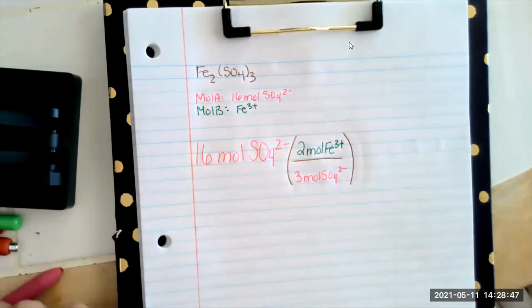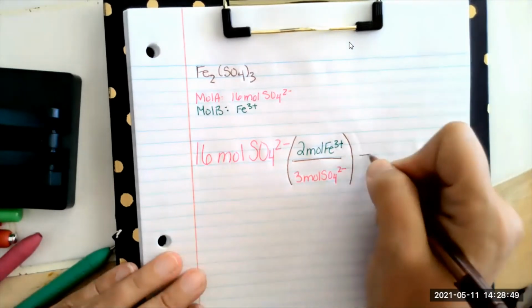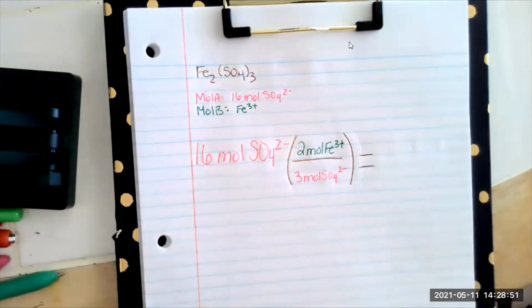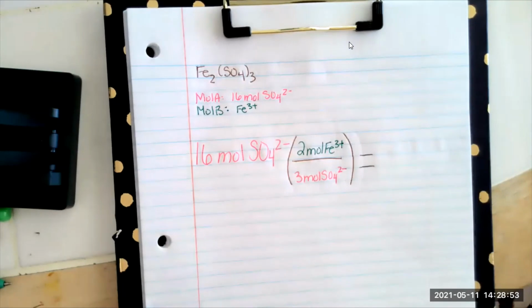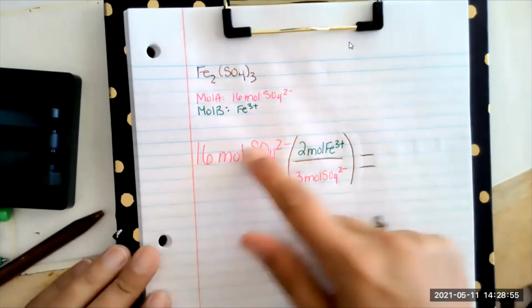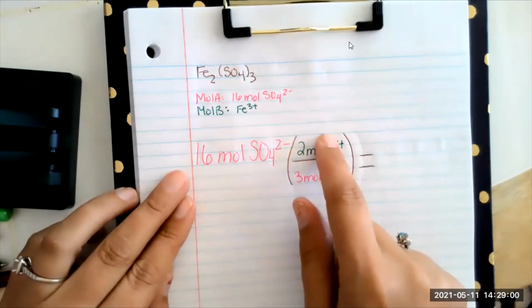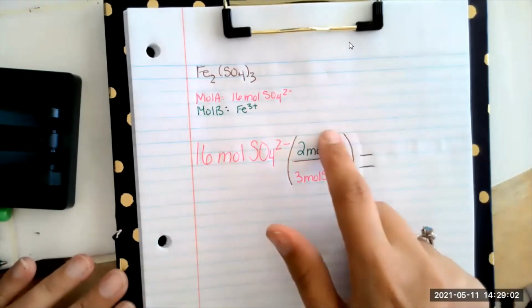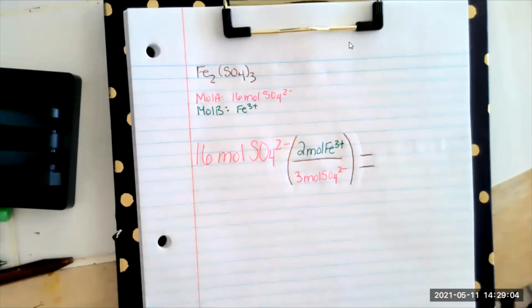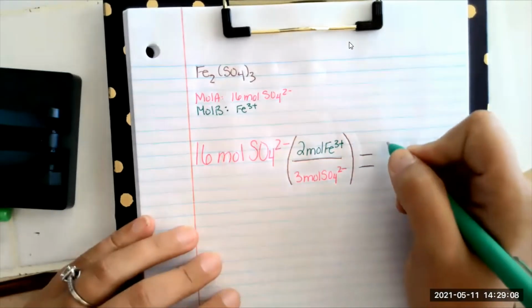And then you can solve for your mole B. Now remember, this is when I talk about the ratio or the way you solve being really important. You multiply across and then divide down. So 16 times 2 is 32. 32 divided by 3 gives you about 10.67 moles of iron 3.